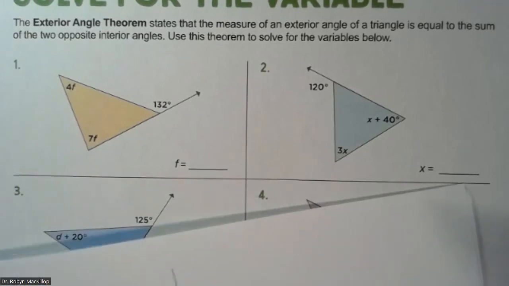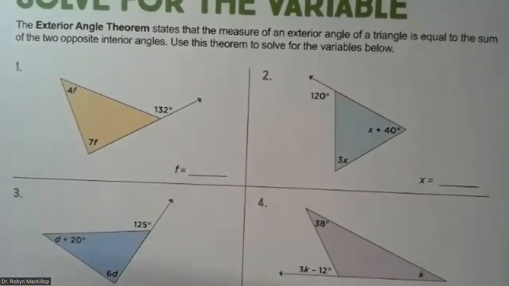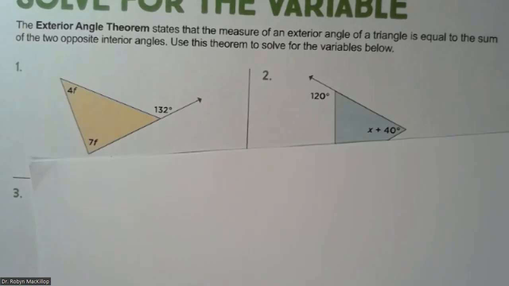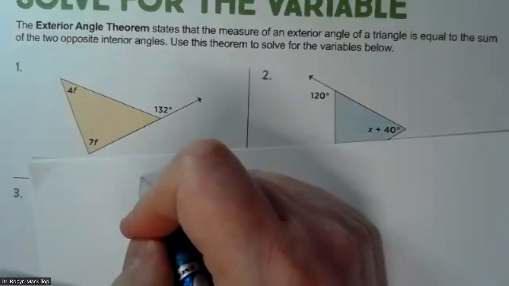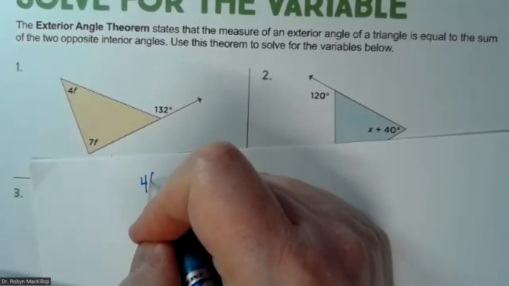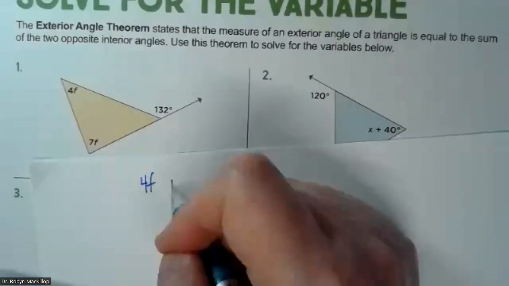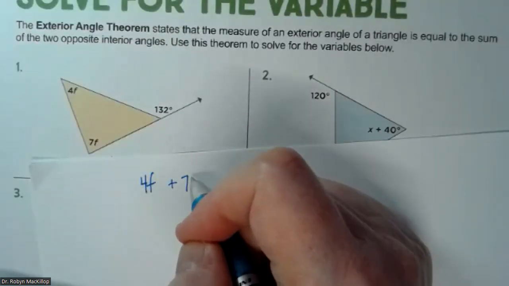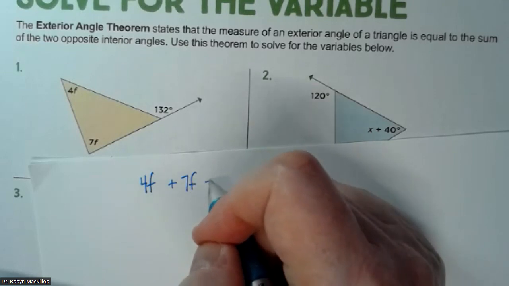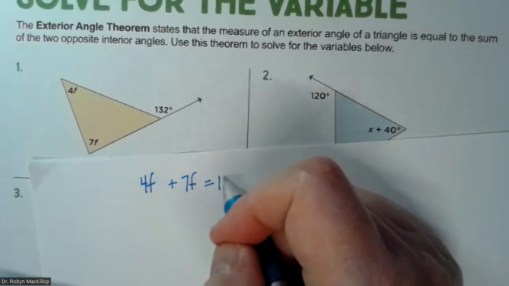And again, the reason I gave you this page is because it's another way to present information. And technically, you know how to do it, but if you've not seen it this way, it feels brand new. So let's go: 4F plus 7F equals 132.